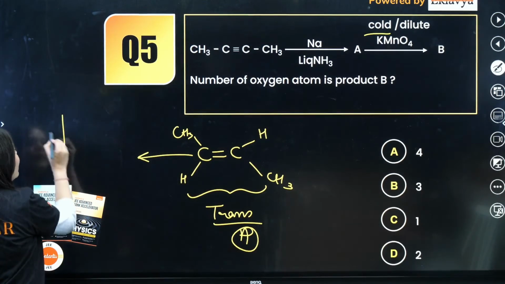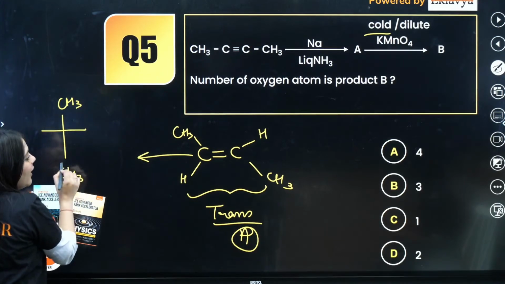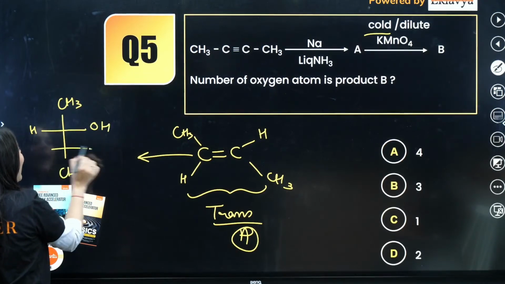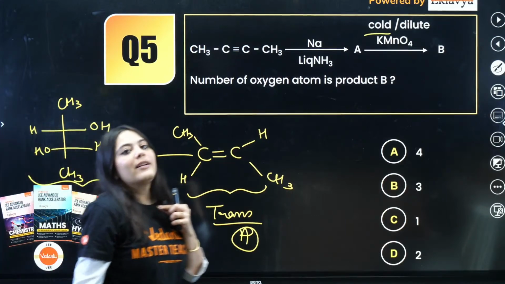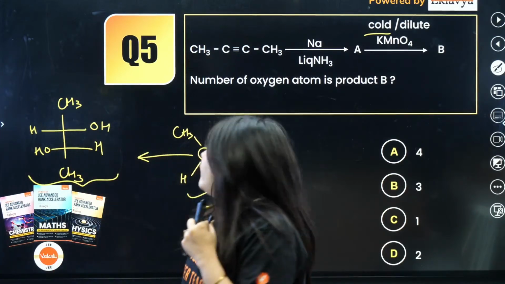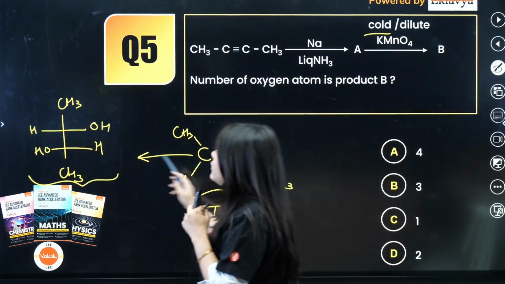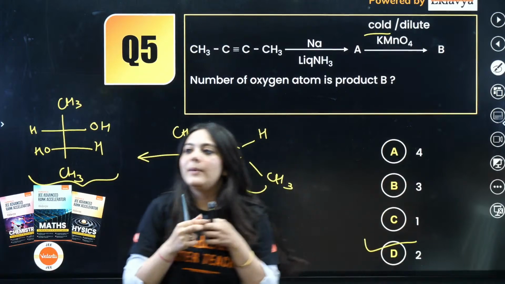So here the product will look like this. Here's the CH3, here's the CH3, right? For example, here's the H present, the OH will be here and the other OH will be here, the H will be here. So this kind of product would be formed, right? Now the question is the number of oxygen atoms in product B. So there are 2 oxygen atoms. So the correct answer is option number D.